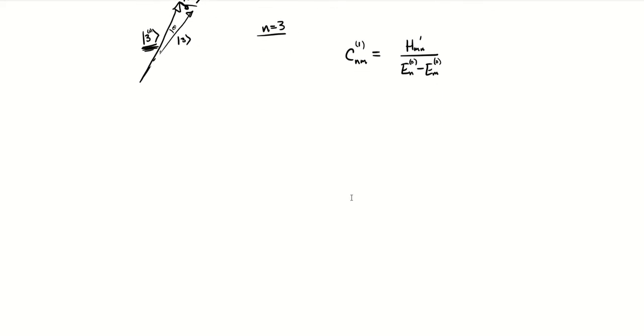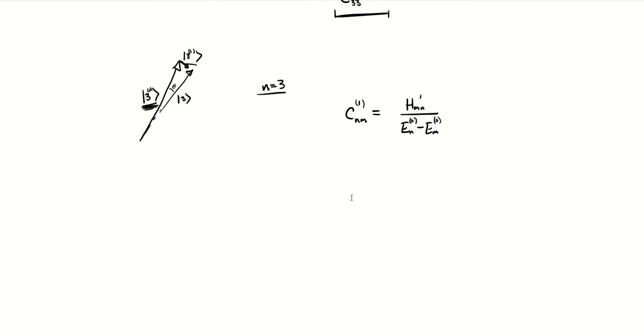Or to write this in bra-ket notation, these are the coefficients. If we recall, we're looking for some nth energy eigenstate, which we can write in terms of an unperturbed eigenstate plus this first order correction.